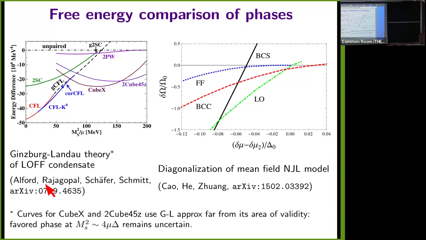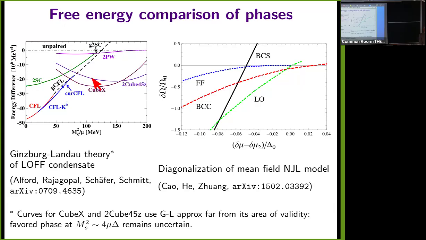And in this calculation, done quite a few years ago now, using the Ginzburg-Landau theory, the effective theory of the LOFF condensate, we found that the plane wave, the two plane wave, the Larkin-Ovchinnikov phase was up here, but these two crystalline structures that were basically versions of body-centered cubic looked energetically very much favored. This is the energy here.